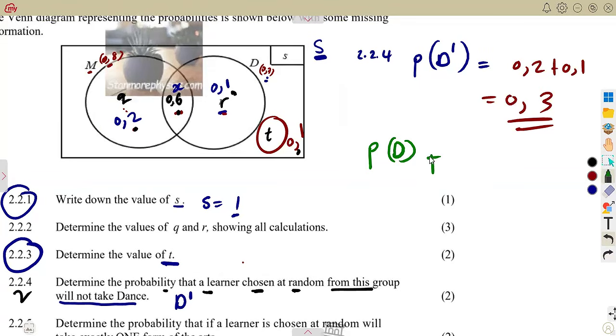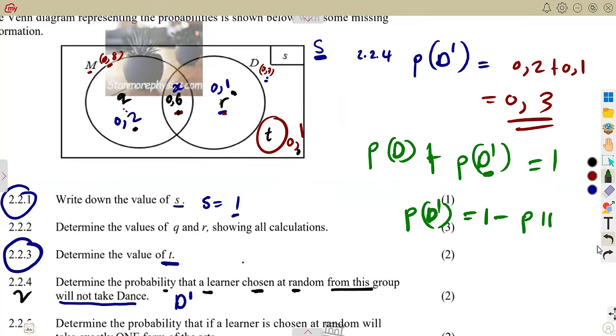Or you can simply use this condition, a set and its complement should add up to 1. I talked about this. A set and its complement must add up to 1. So whatever is not in D, it is supposed to be 1 minus the probability of what is found in D. Remember, this one is not in D, the complement.